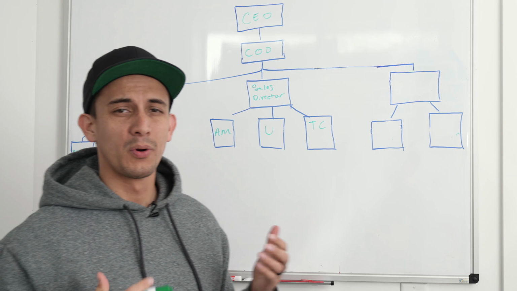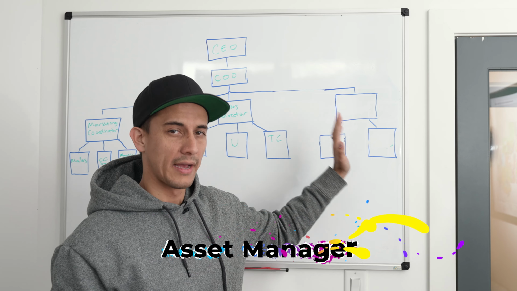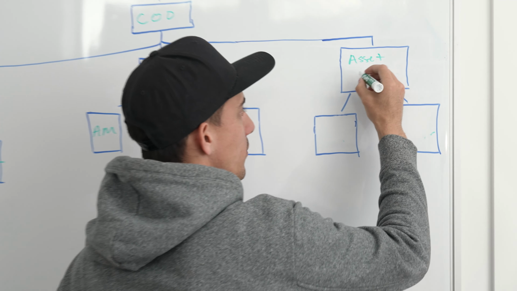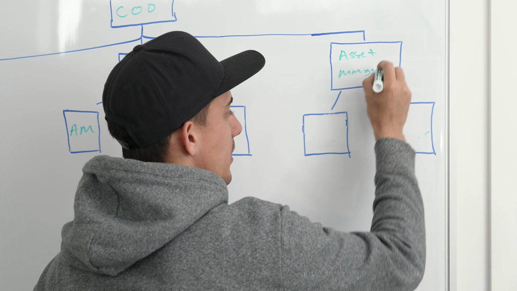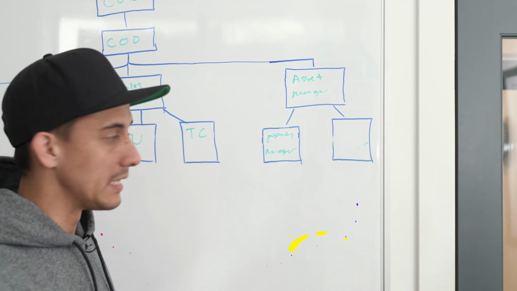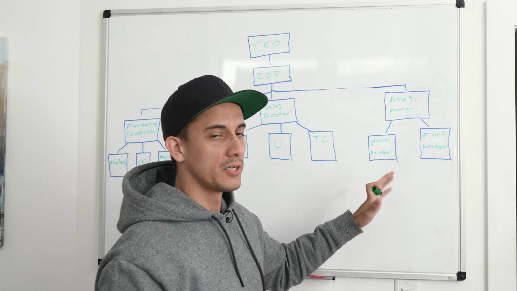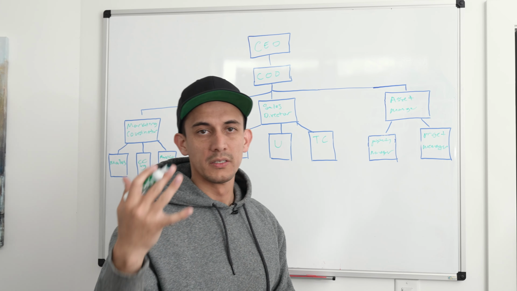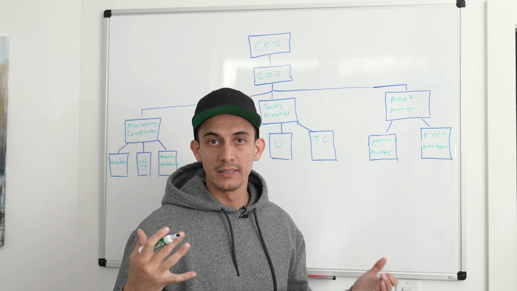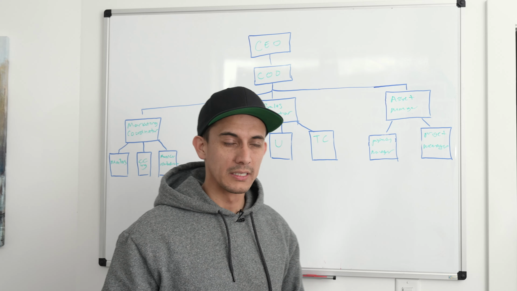Once the deal is purchased, it then goes over to the role of asset manager. The asset manager is a really big role within the company because they oversee the property managers, but also the project managers. The property managers, you guys know what those are. These are the people making sure that we're collecting rents from the tenants and that tenants are qualified to rent in the property itself.